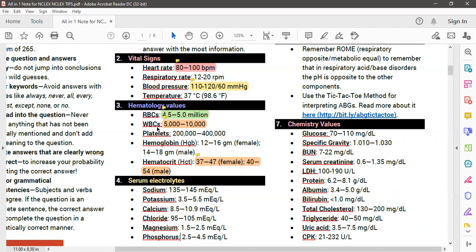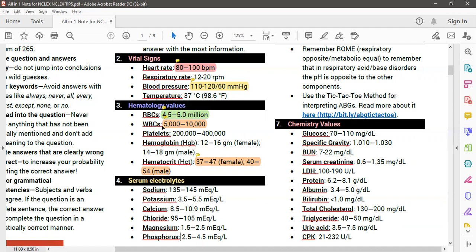Like if any patient has to take chemotherapy, chemotherapy would make this low. So a chemotherapy patient is immunocompromised because WBC goes down and they easily catch infection.